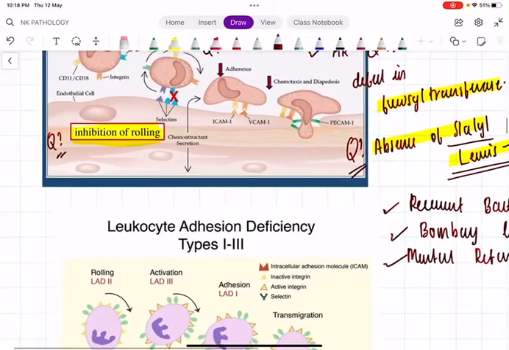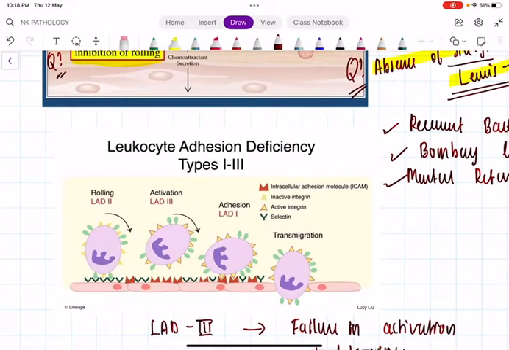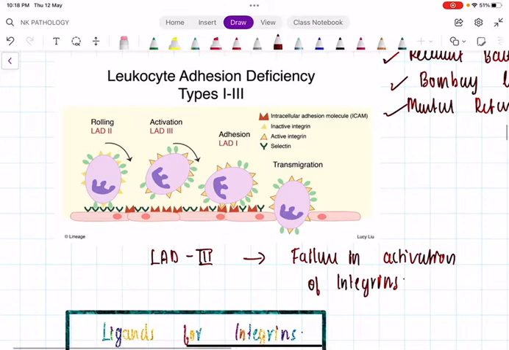We have the third type, leukocyte adhesion deficiency type 3. It is actually a variant of type 1. In type 1 the integrins are totally absent, whereas in type 3 the integrins are in the inactive state. During recruitment of leukocytes, inactive integrins have to be converted into active integrins.